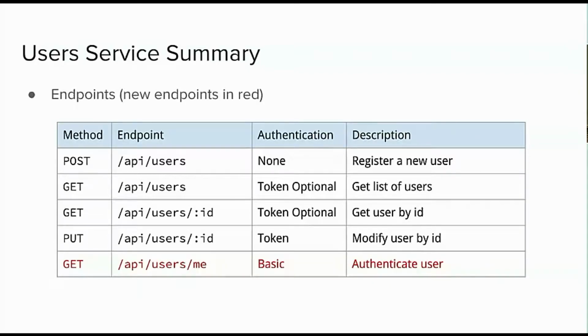So it'll be /api/users/me. Basically, it returns information about a user. It takes basic auth, so username and password. And if those are valid, then the user service will return the user information. If those are invalid, it'll say four-oh-one. Okay, so the token service, which we haven't deployed yet, will use this. But I was thinking ahead and decided to add this new endpoint.